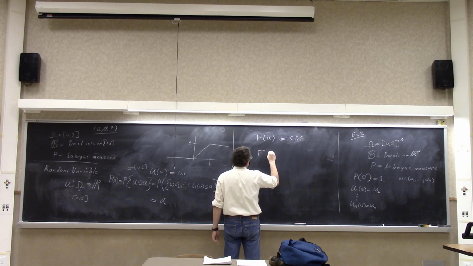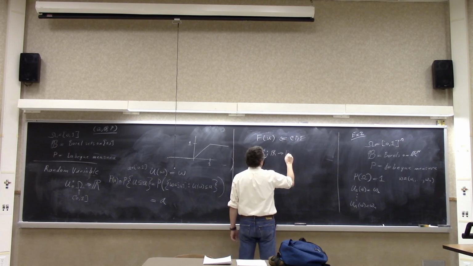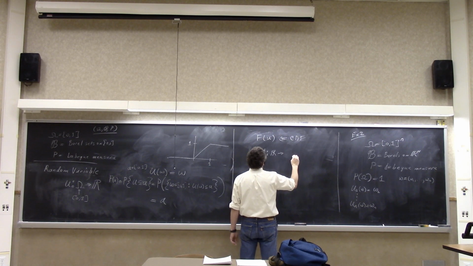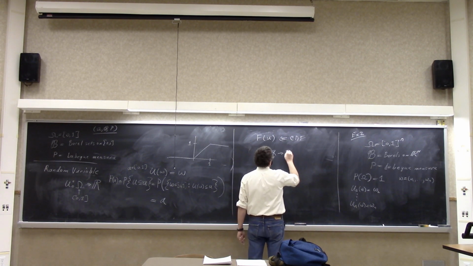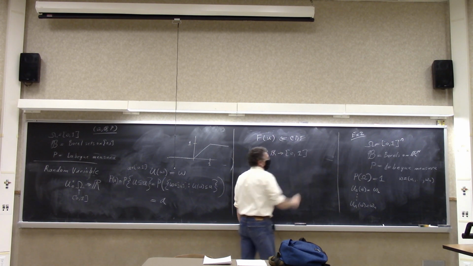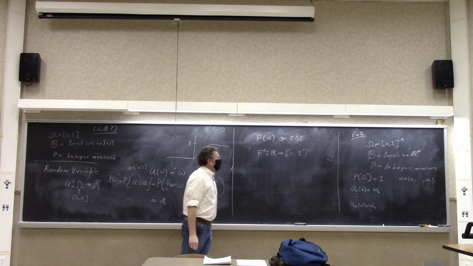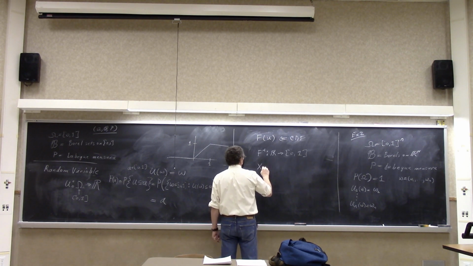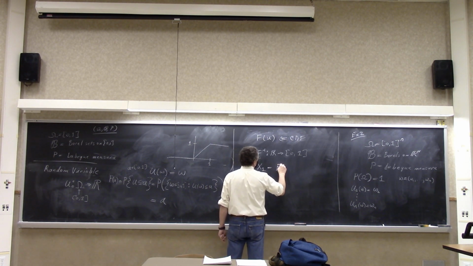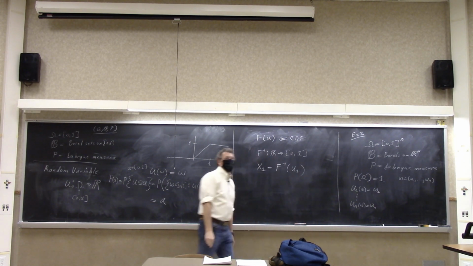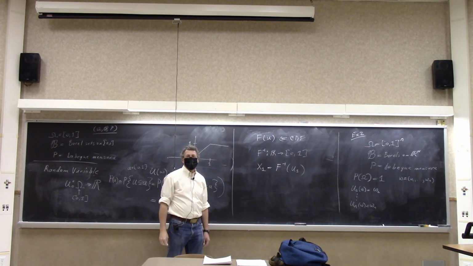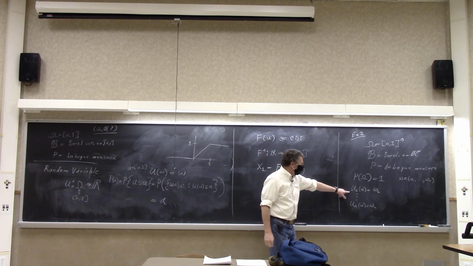And F inverse now is going to be a mapping from R to the interval 0, 1. Okay? And now what I do is I make x1 equal to F inverse of u1, where this is u1.